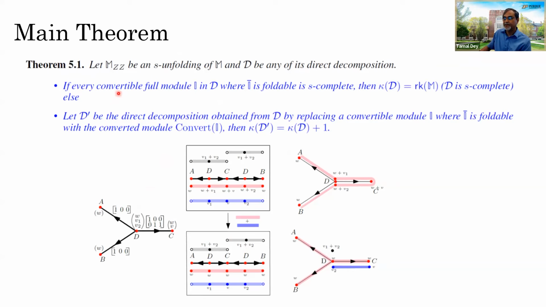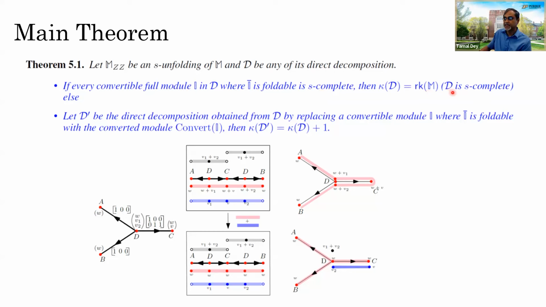Now, if every convertible full module I in D, whose complement is also foldable, is S complete, and this can be checked, then I know exactly that kappa D is equal to the rank, which I'm trying to compute.